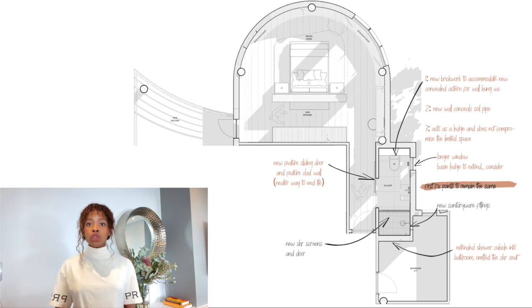Then my solution to the old toilet that I didn't like, and concealing that brickwork that was already concealing a soil pipe, was a new brick skin. I needed that new brick skin to house the cistern for my wall-hung toilet. This wasn't only functional in terms of housing the cistern, it also was a great place for me to create a little ledge to put candles or any other kind of decor items.